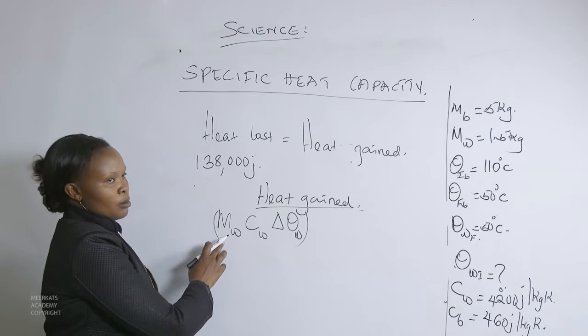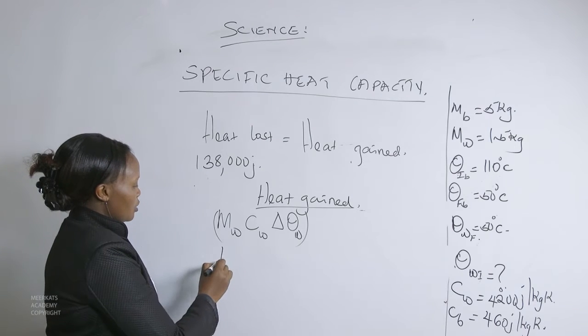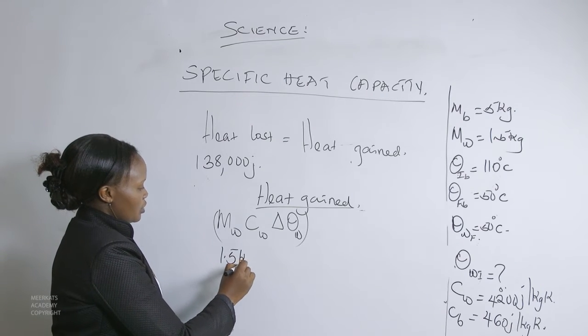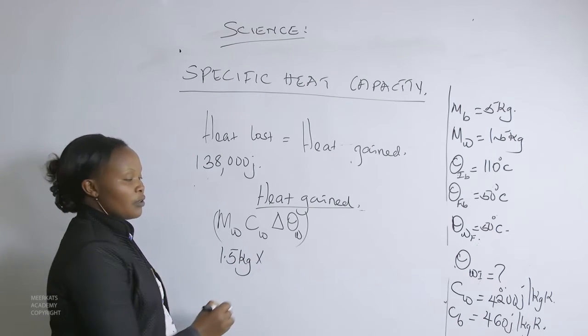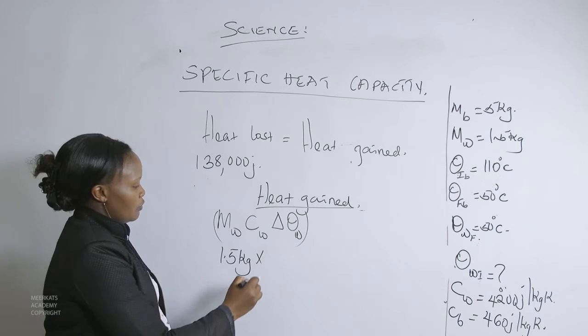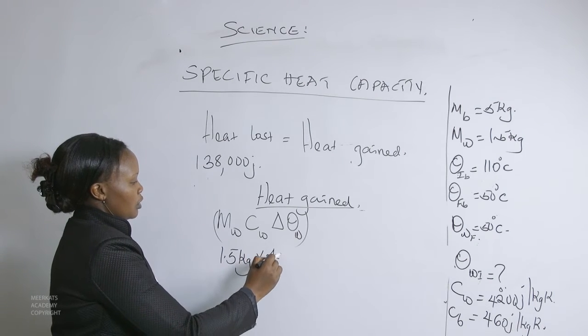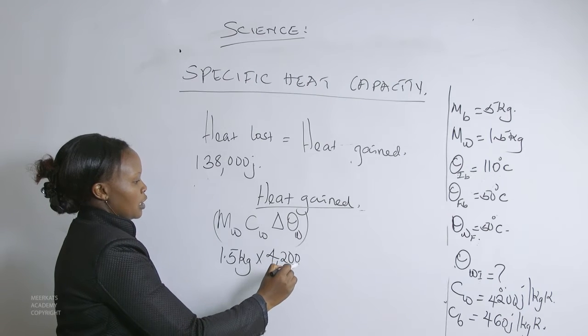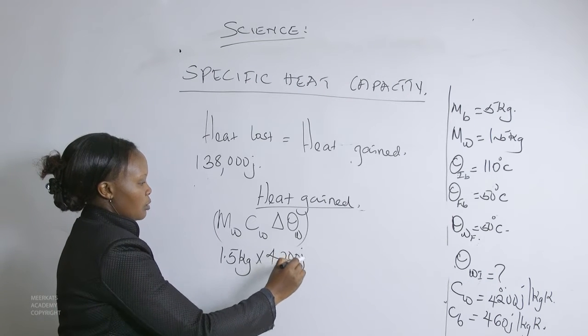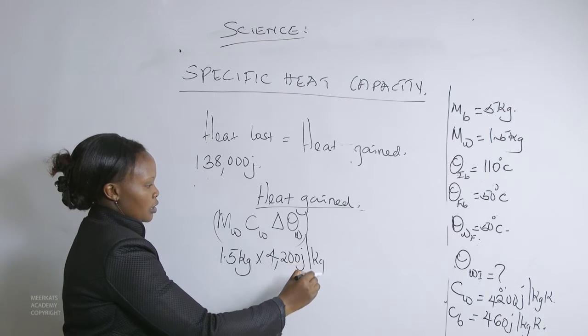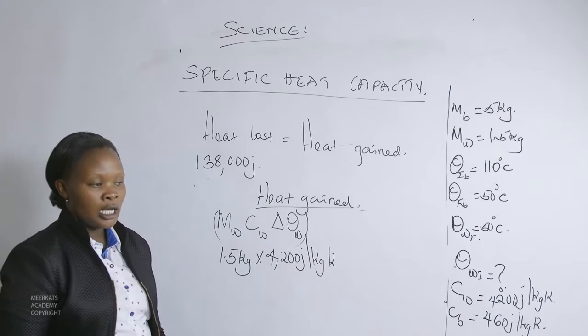Now, mass of water is given as 1.5 kgs. The specific heat capacity is 4,200 joules per kilogram Kelvin.